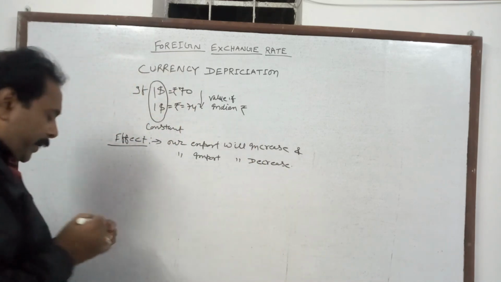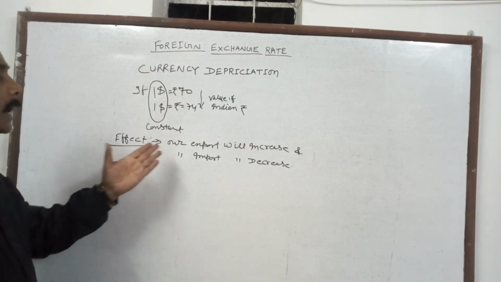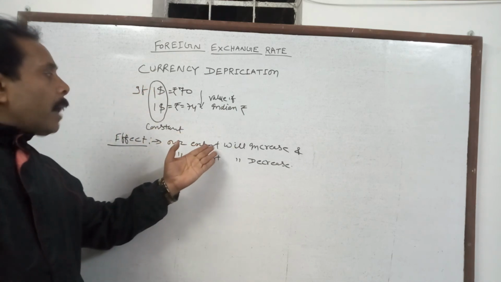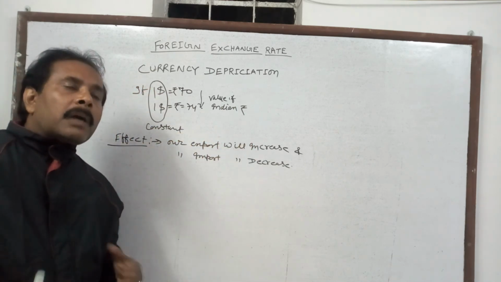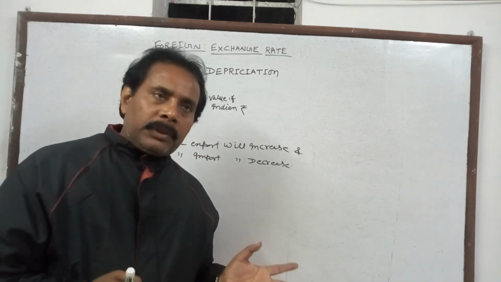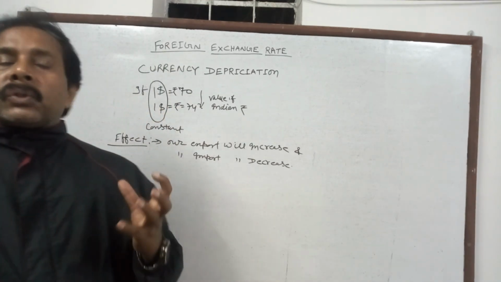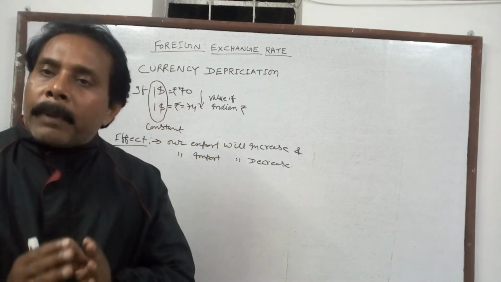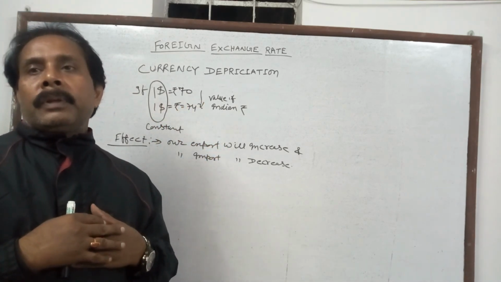Okay, so why does it happen? Why will our export increase? Because export means sale of goods and other things. So here the foreigners will pay less amount for our goods.